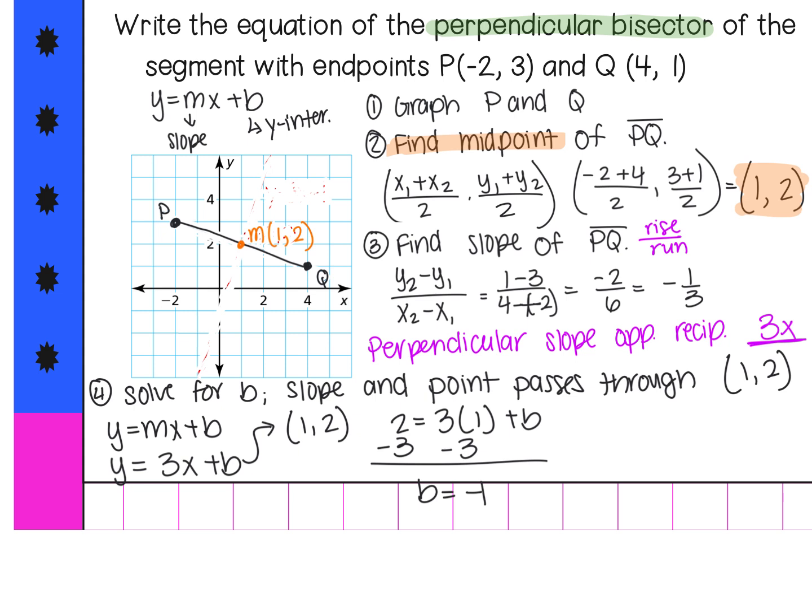So my equation is going to be y equals 3x minus 1, and I'm going to go ahead and graph it. I'm going to go ahead and put a dot on my negative 1. And my slope should be up 3 over 1, which ends up right there on my orange dot.